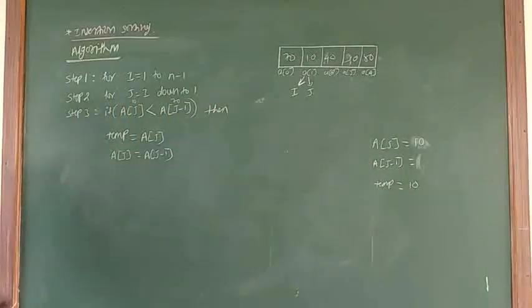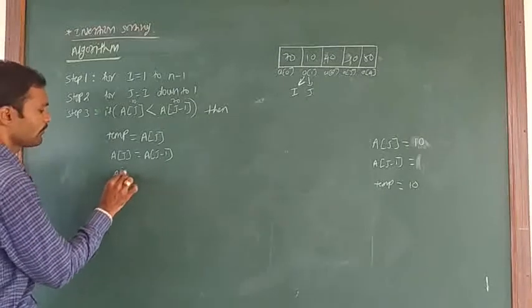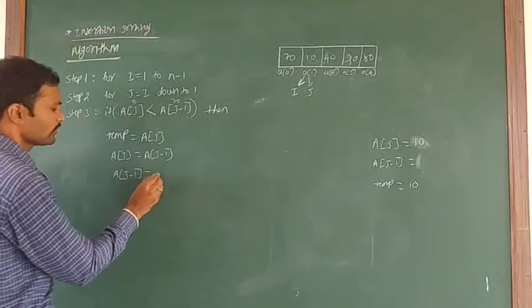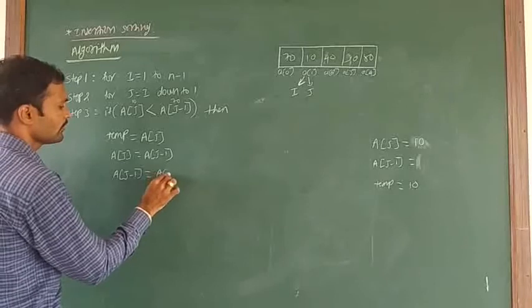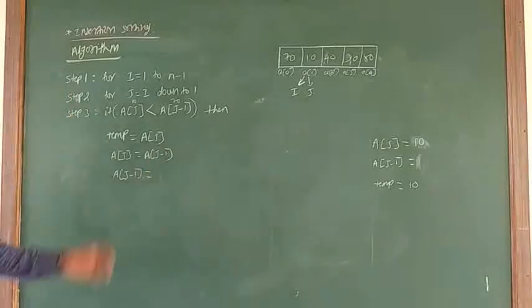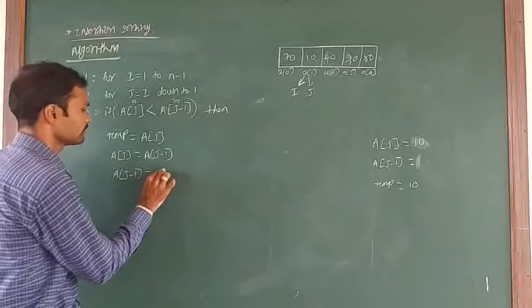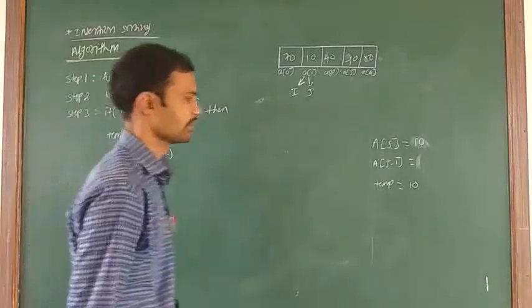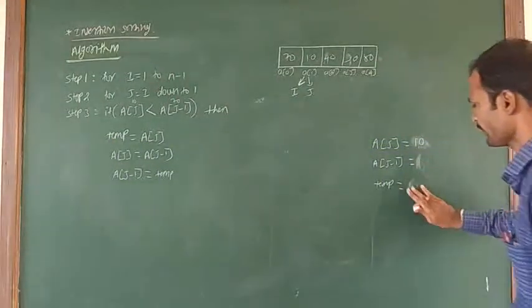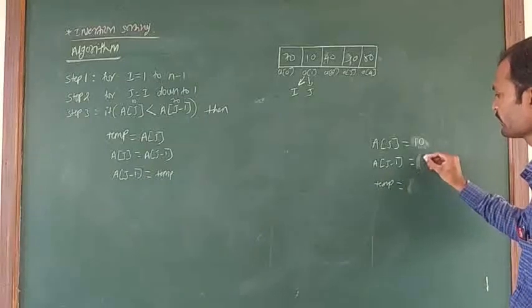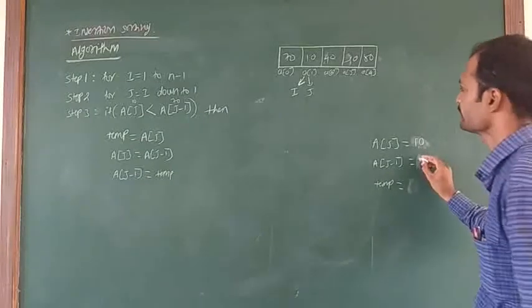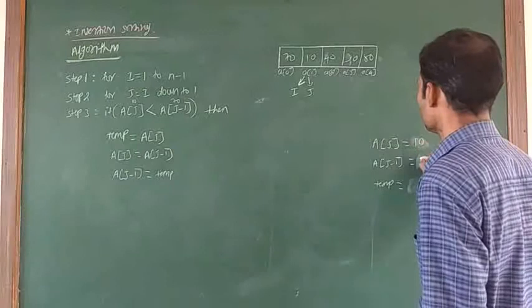Next, A of j minus 1 is equal to temp, this temporary value. So this one becomes here. Sorry, this is 70.